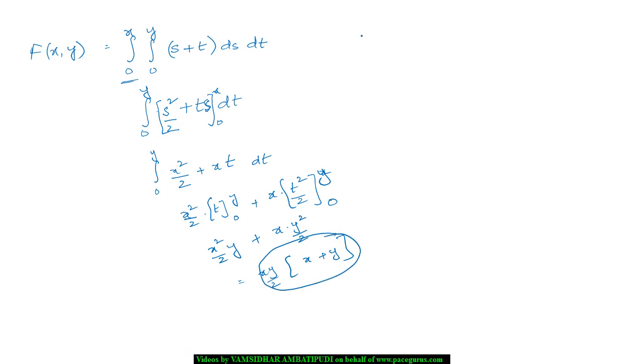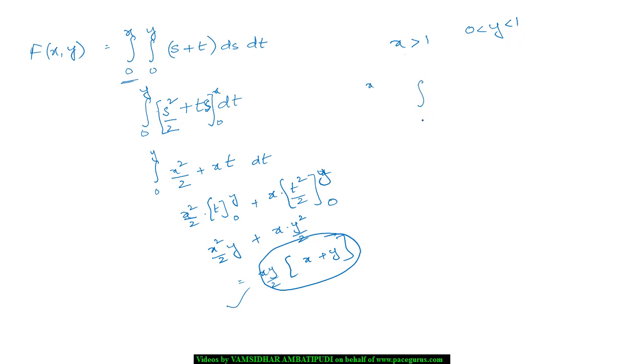But now if I want x greater than 1 but y lying between 0 and 1, because we have to take all the intervals: for x less than 0, y less than 0, I have taken F of xy as 0. For x between 0 and 1 and y between 0 and 1, I have got F of xy as this much. Now I am taking x greater than 1 but y between 0 and 1.